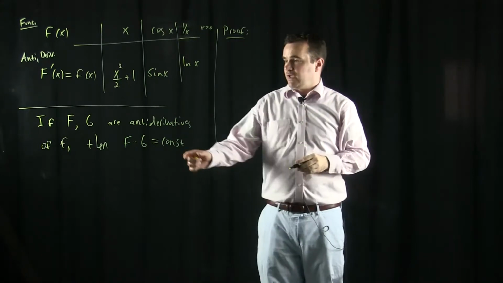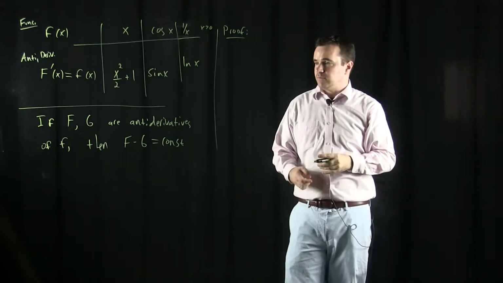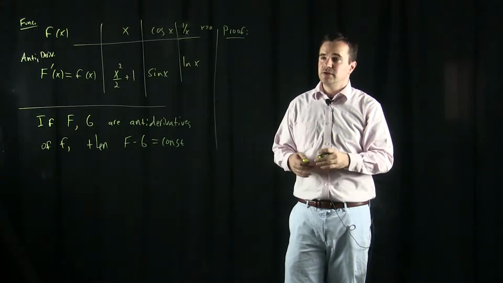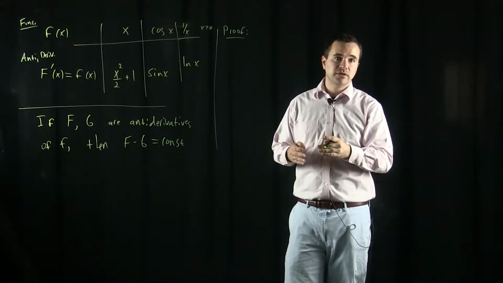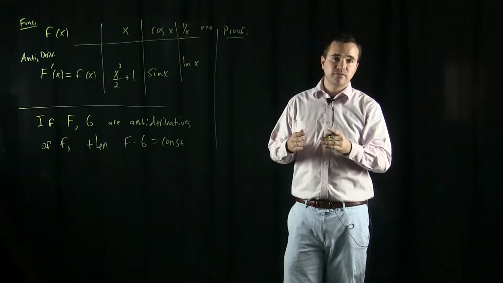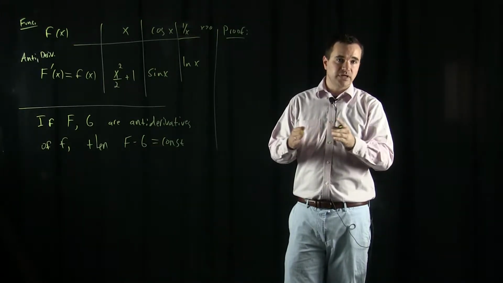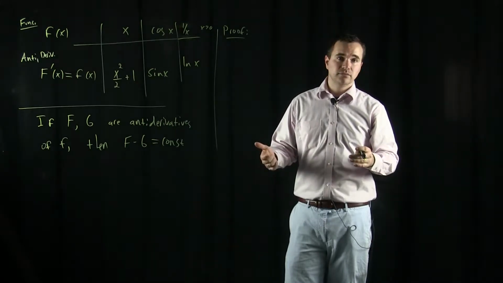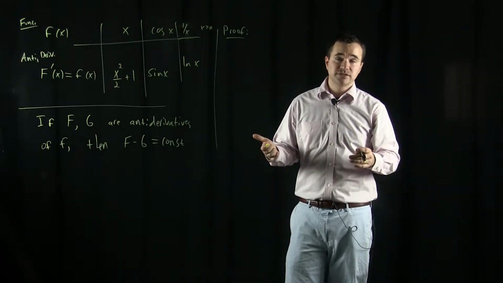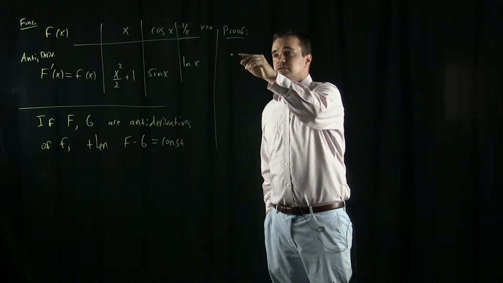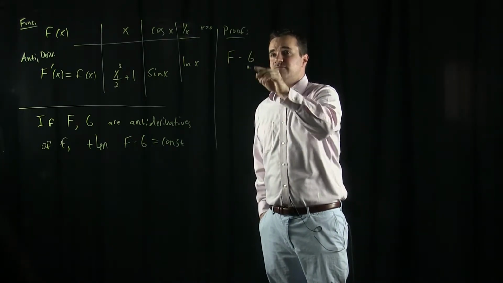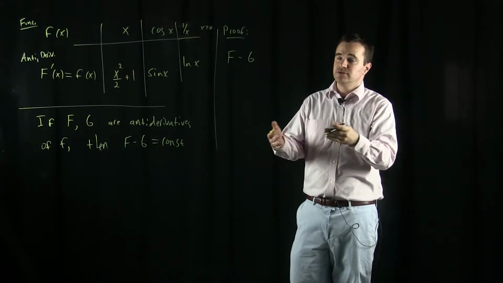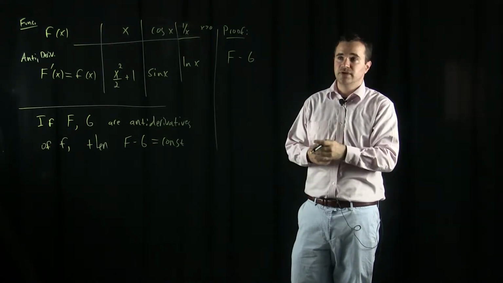If I want to show that F minus G is equal to some constant, here's the way I can do it. You may remember that in a previous video, using the mean value theorem, I showed you that whenever you have a function whose derivative is identically equal to 0 on an interval, then that function must be a constant. So let's look at the function F minus G. Capital F and capital G are functions, so their difference is also a function of x.